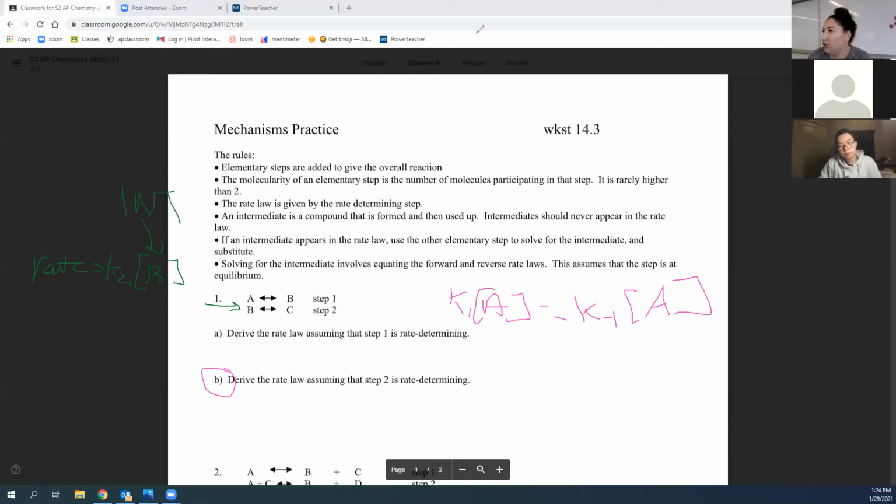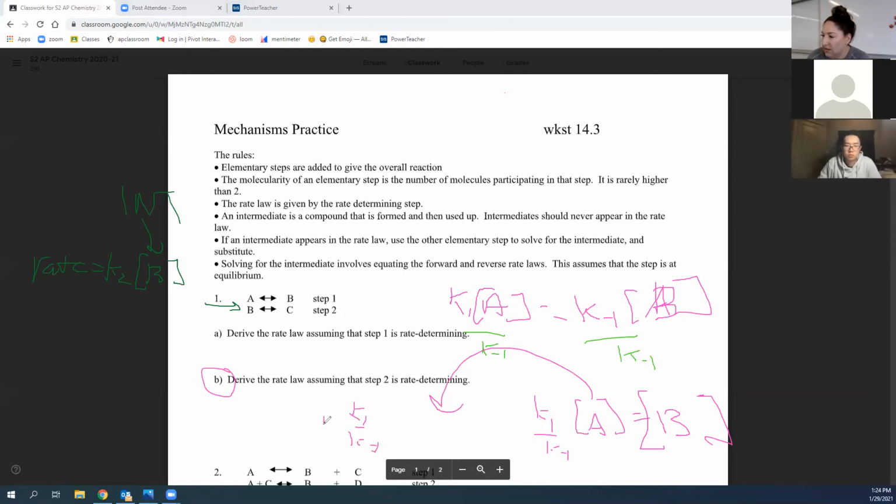So I divide, and you get K1 over K negative 1 times A equals B. Then we substitute: K2 times K1 over K negative 1 times A equals rate. The one you would box would just be K times A equals rate.